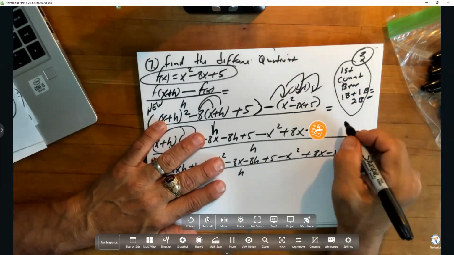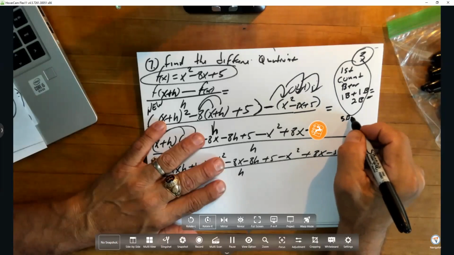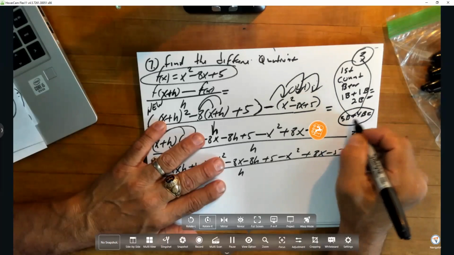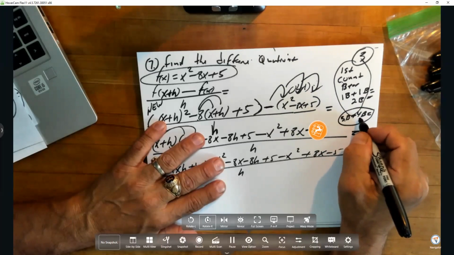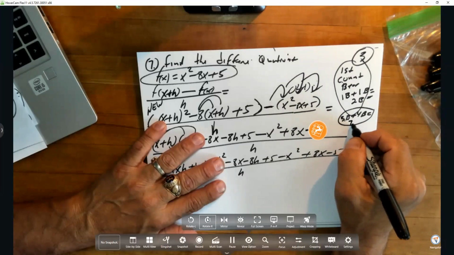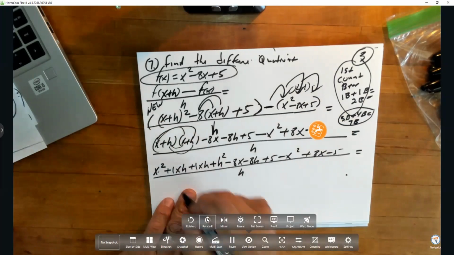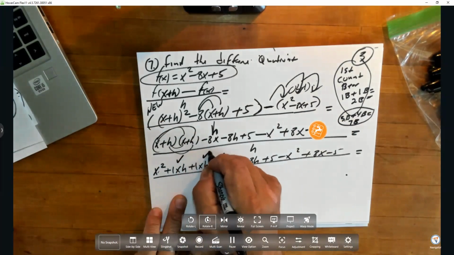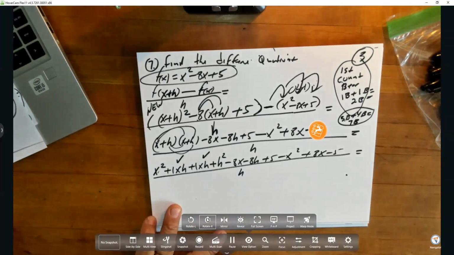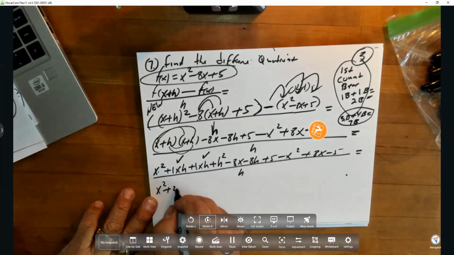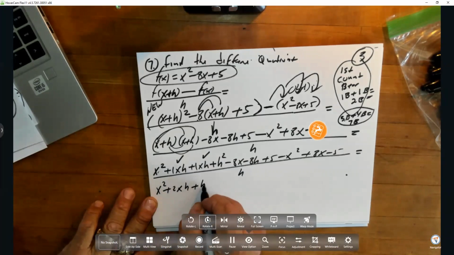Suppose you have 3 bears, and then somebody else gives you 4 more little bears in your hand. What's 3b plus 4b? Is it 7b? Think about it. 7 bears. So go back to this. What do you think 1xh and 1xh is? 2xh. That's it. You got it. x squared plus 2xh plus h squared.